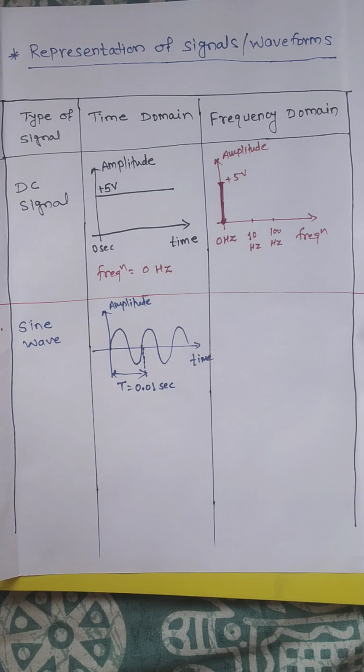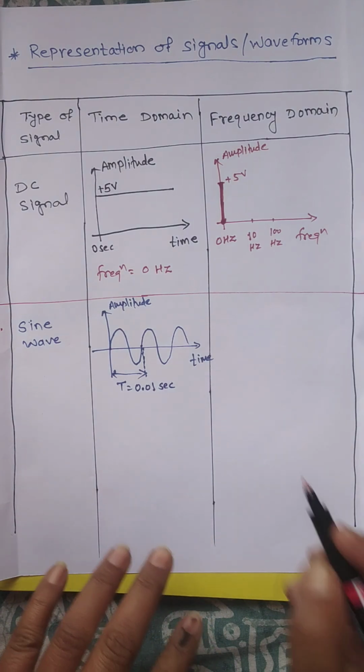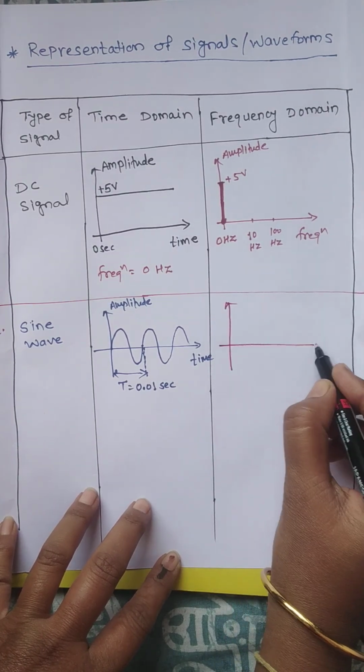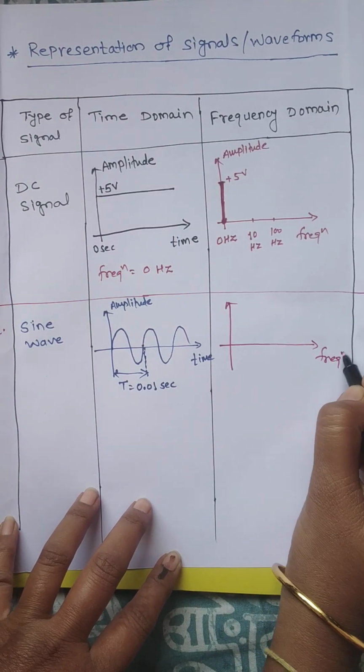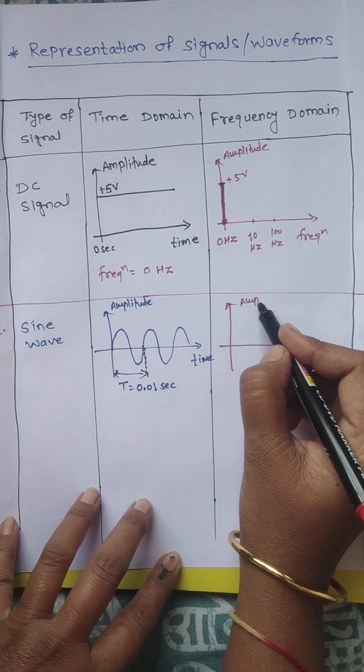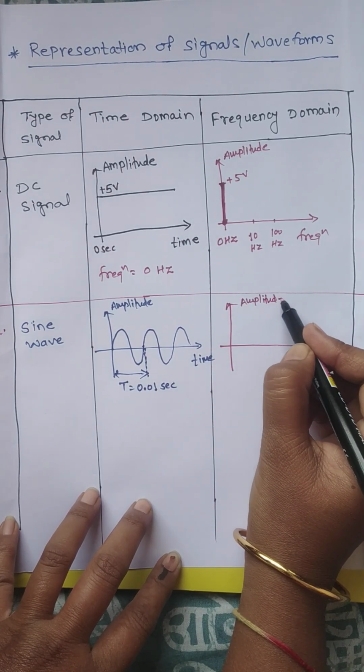Now same sine wave we have to represent in the frequency domain. So again, frequency domain means it is nothing but frequency on x-axis, frequency in hertz, versus amplitude on y-axis.